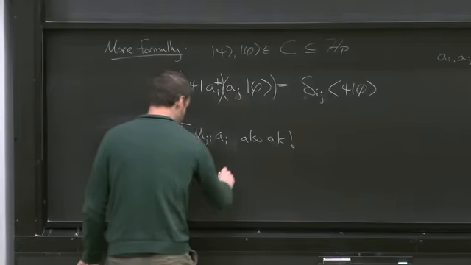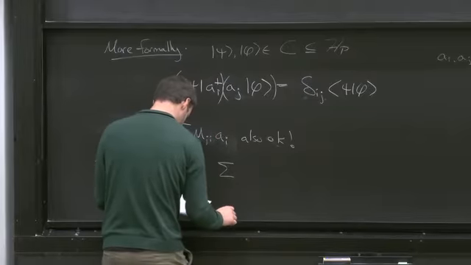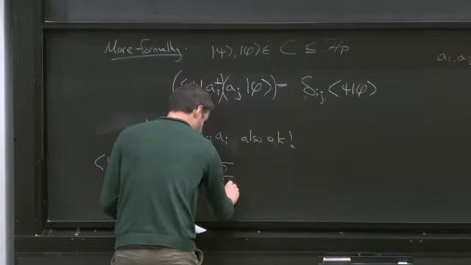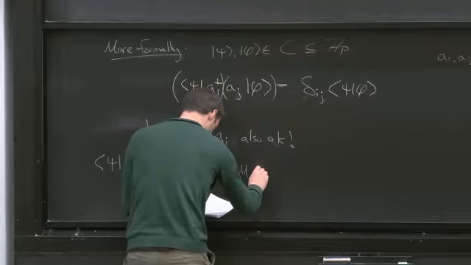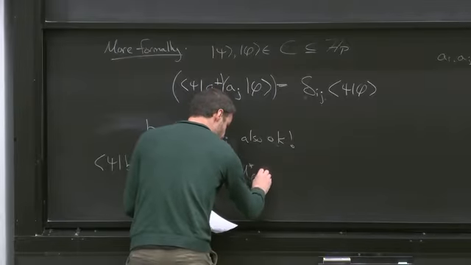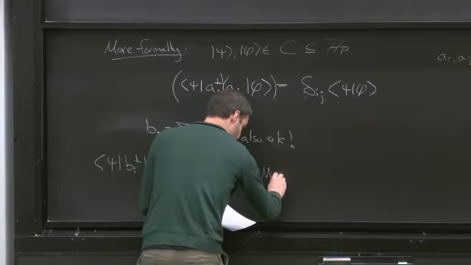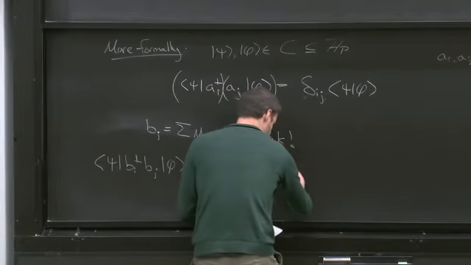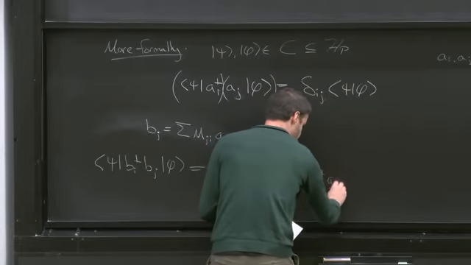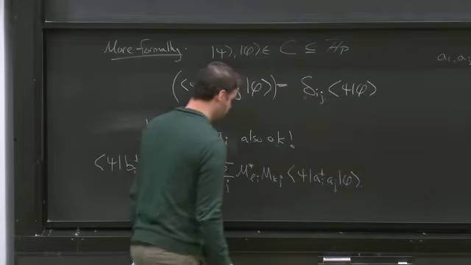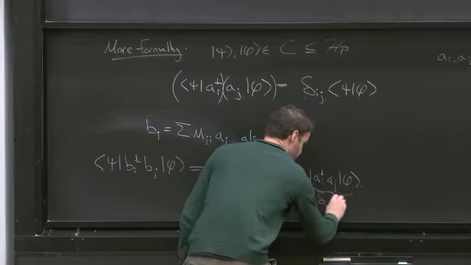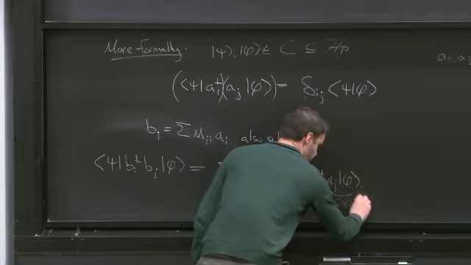I go and compute, so I would get two sums. I'd have a sum over i and j of M star, L i M, K j, and then psi A_i dagger A_j phi, which is delta ij psi phi.